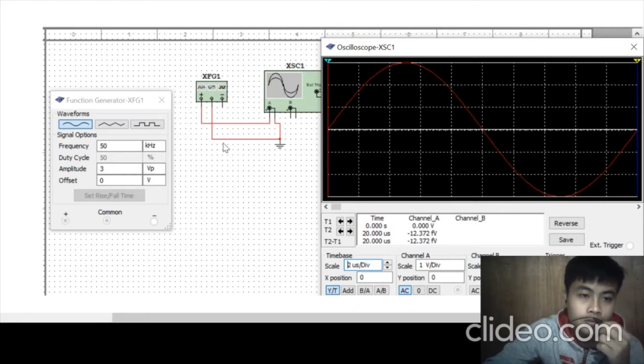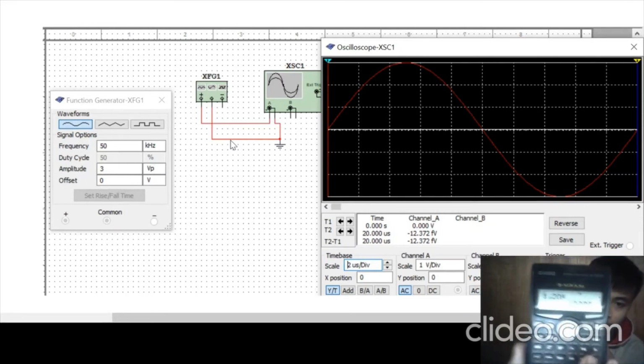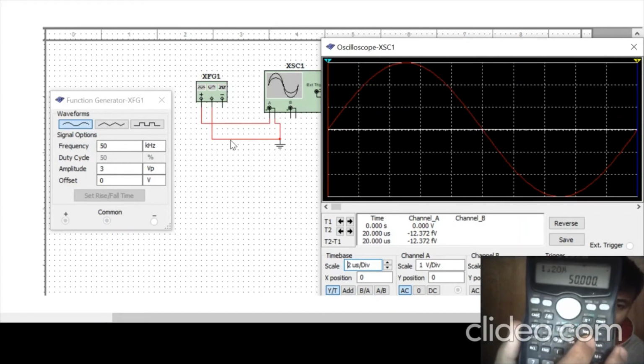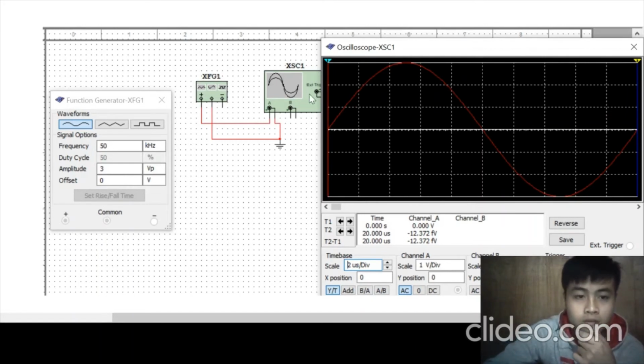So I will calculate 1 over period, where the period is 20 microsecond. So we get 50,000 hertz, and we can simplify it to 50 kilohertz.